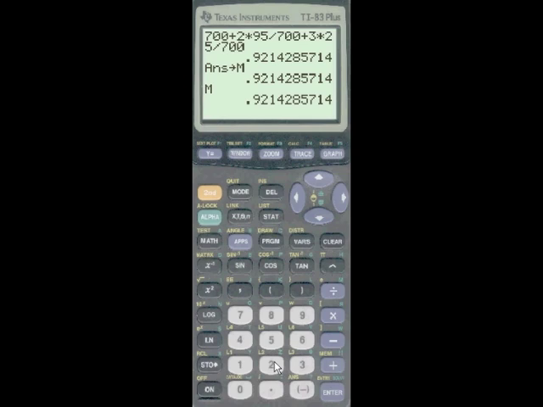So I have this value of M stored, and now I'm going to look for the standard deviation of this distribution. The standard deviation of the distribution is going to be the sum of the differences of the values in the distribution, minus the average, squared, times each corresponding probability.